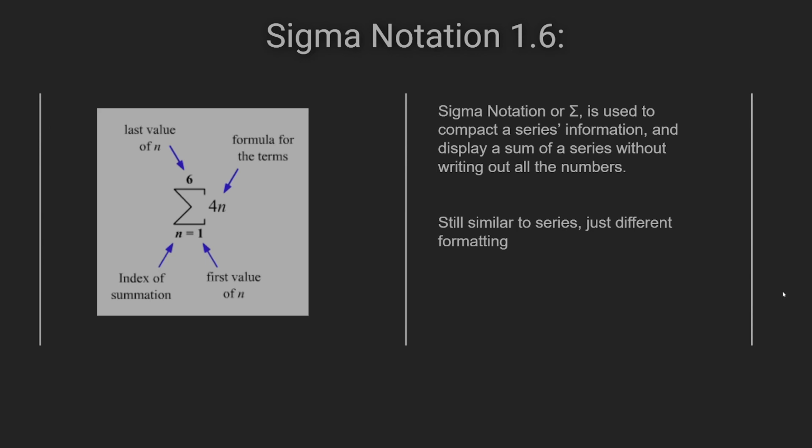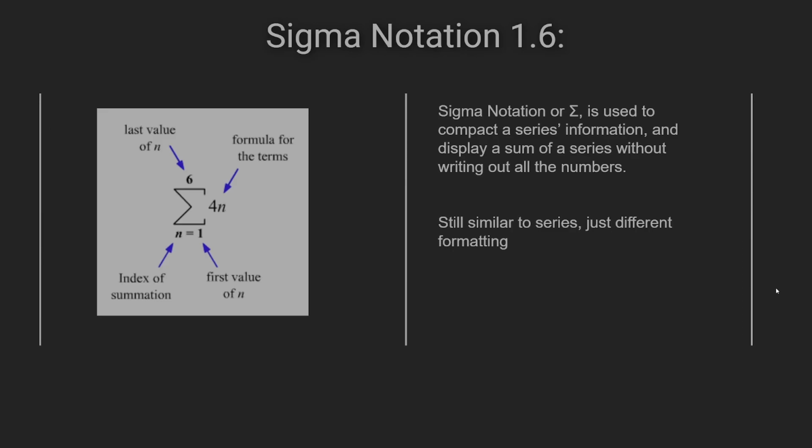It's still similar, just different formatting, and you may or may not see this in exams, tests or quizzes, but it is still very important to keep in mind because if you come across this notation, you are going to have to properly unravel it to get full points within that question.